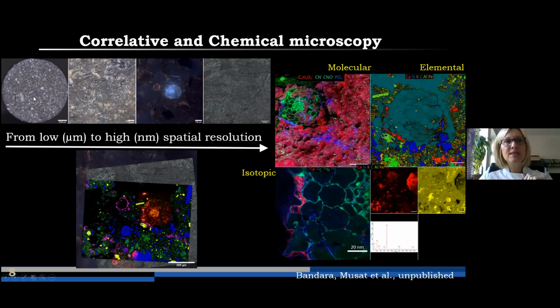So what we do, we basically embed it in resin. We have slices, and then you have different types of microscopy from low spatial resolution to high spatial resolution. Here you see light microscopy, an overview image, then a closer look, then fluorescent microscopy. We spot a root fragment.